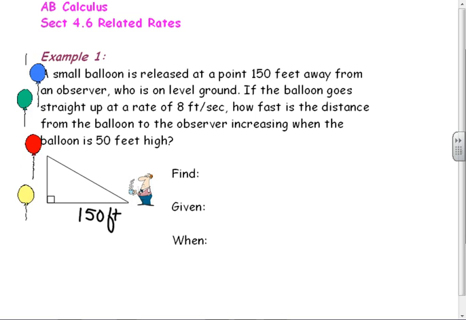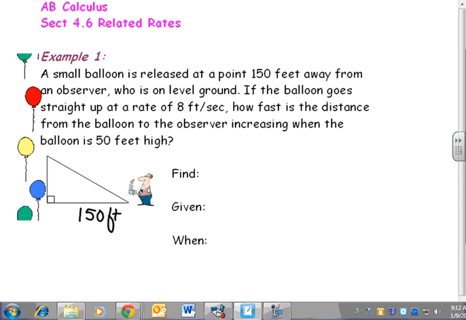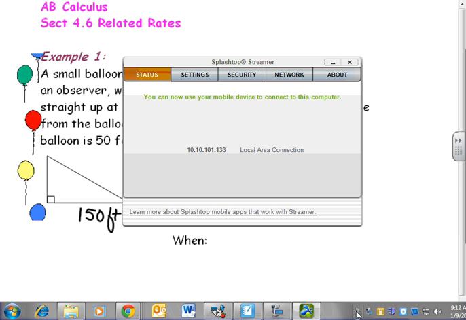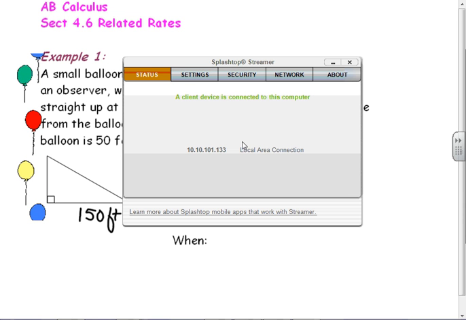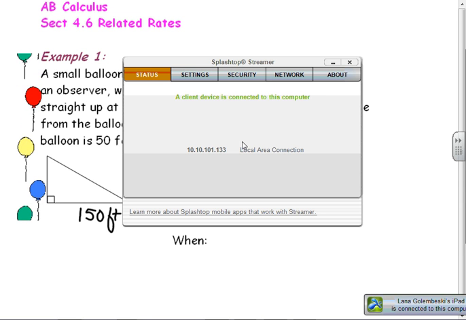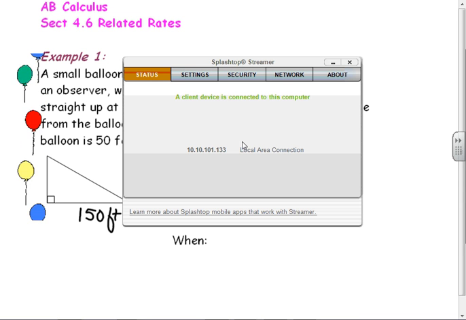That's not going to change. Okay, then we're going to read some more stuff.